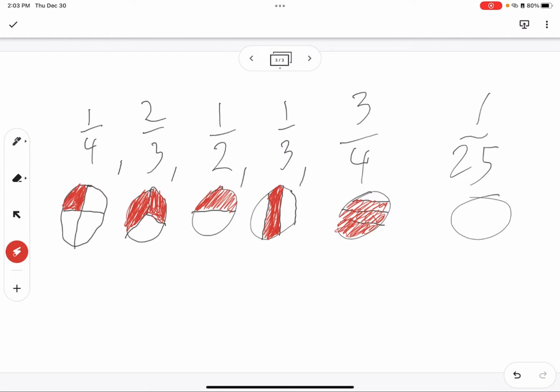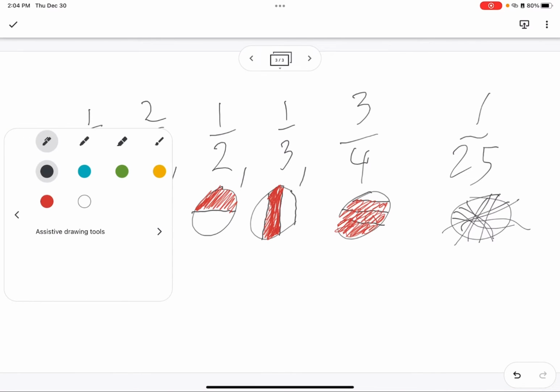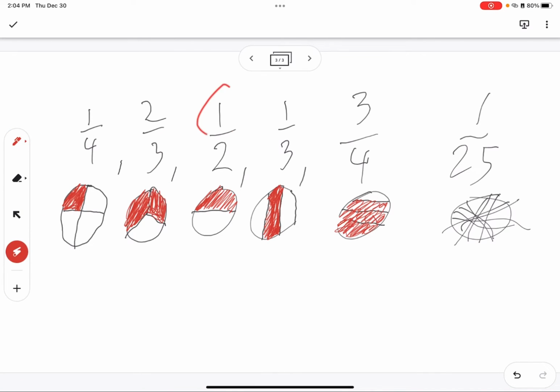So I'd rather have one of the 2 pieces of pizza or pie than one of the 25 slices, right? Because those are going to be really small. I'd much rather have one of these slices than one of these slices. See, just 1/25, a little sliver.